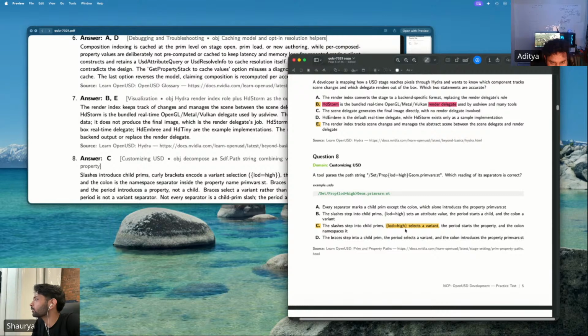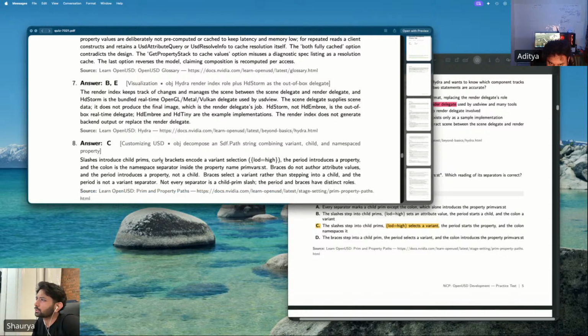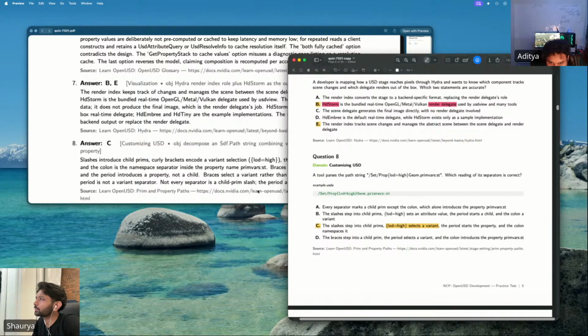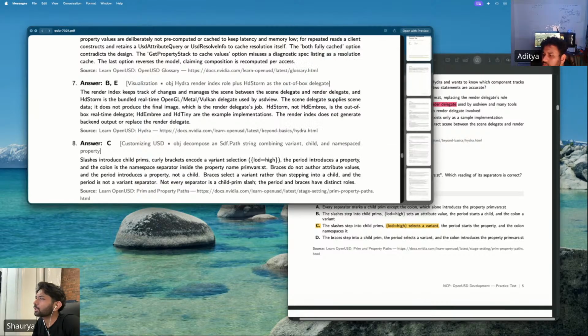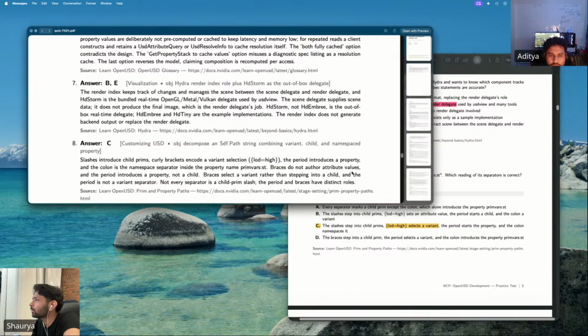The slash steps into a child prim, curly braces encode a variant selection such as set property LOD high, the period introduces a property, and the colon is the namespace separator inside the property name, like primvars:st.